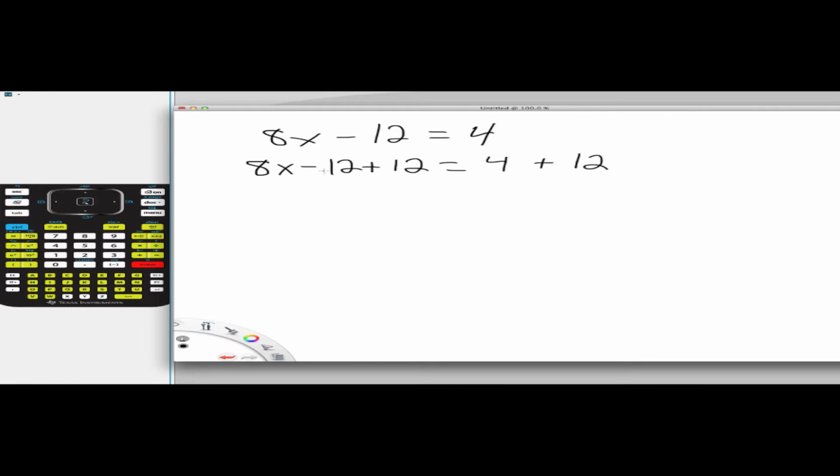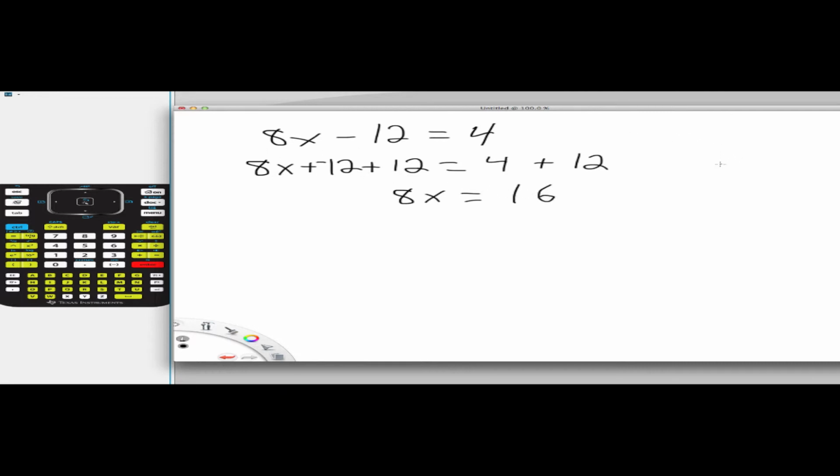I mean, we could say that this is plus a negative 12. Remember the algebraic definition of subtraction. So 8x plus a negative 12 plus 12. A negative 12 plus 12 is 0. And we get then that 8x equals 4 plus 12 is 16. So there's our work in writing.